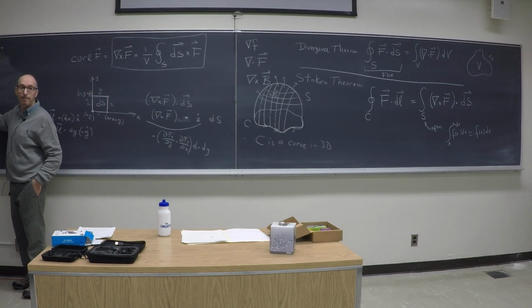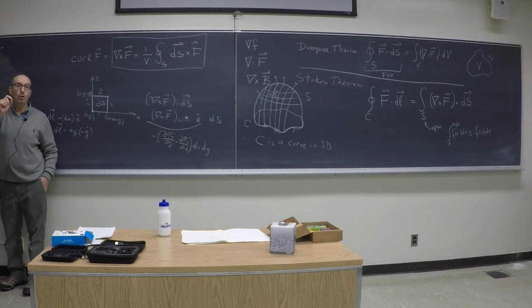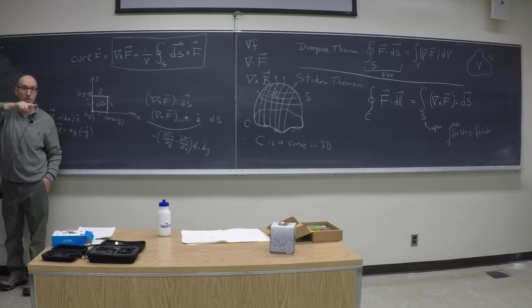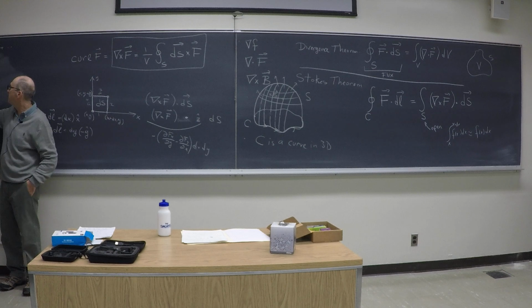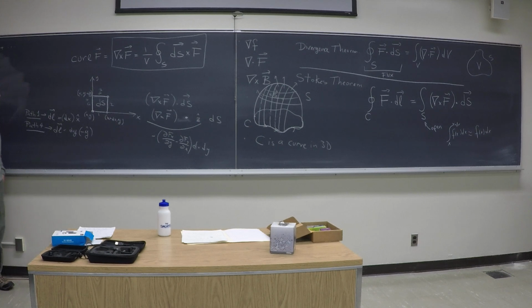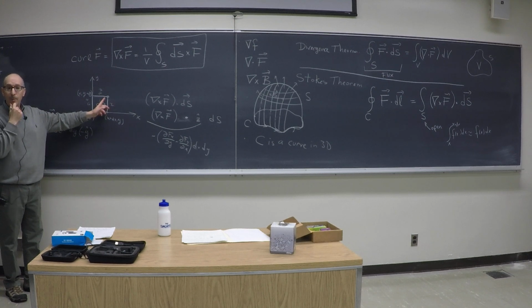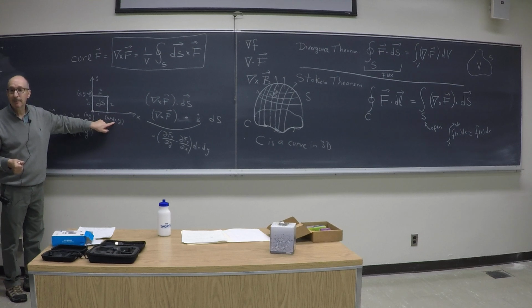F is a vector of 3 components. Each component, I'm going to call them fx, fy, fz. But because I'm doing the scalar product with x, which is 1, 0, 0, I just get out only fx and it becomes a scalar, right? Okay, then what are the other 3 terms? Let's think. Plus, the second one will be the y component of f, so it's going to be f sub y, evaluated at x plus dx.